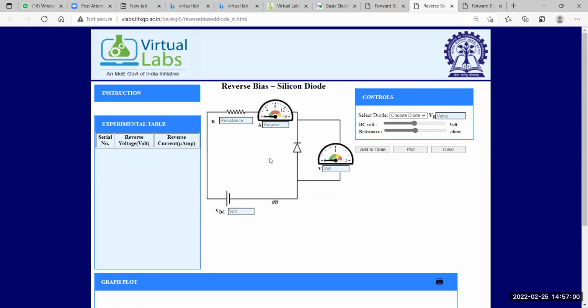Okay, and this is the select diode, and first you have to keep the resistance constant, then we vary the DC volt.